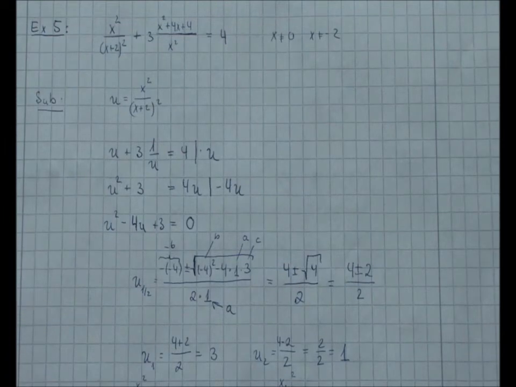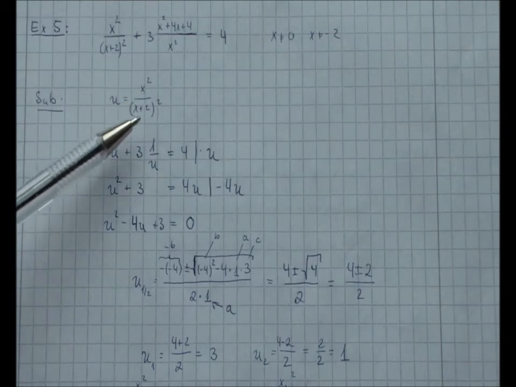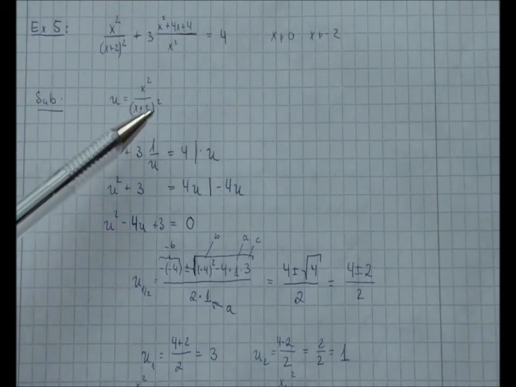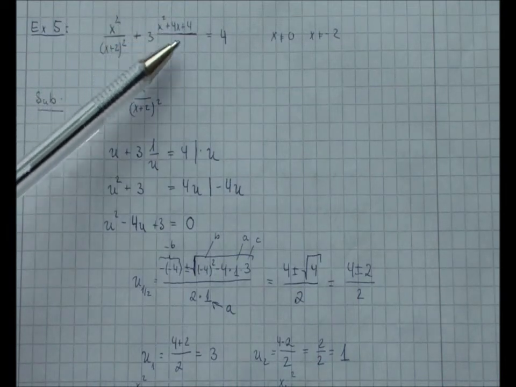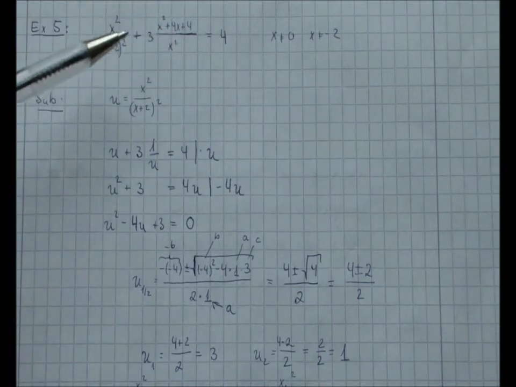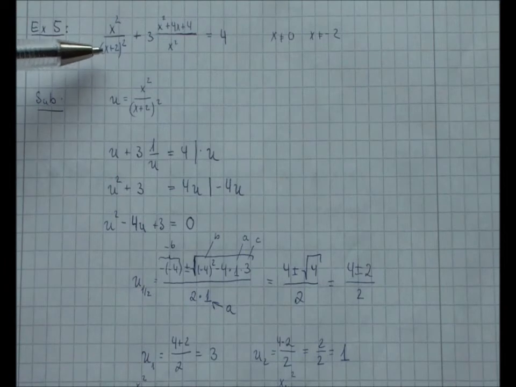Okay, now the substitution that I chose here is again u equals x squared over (x plus 2) squared, because this is this and this is just the reciprocal. If you look at this part, x squared plus 4x plus 4, this is actually equal to (x plus 2) squared.